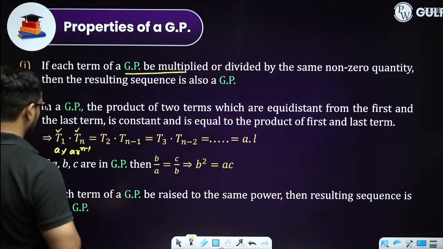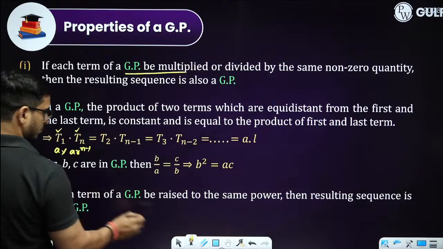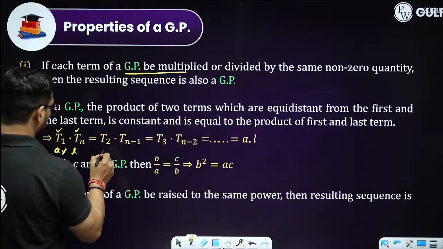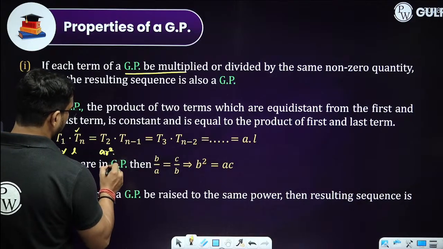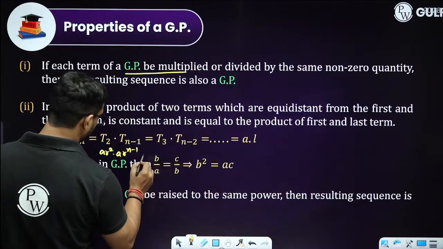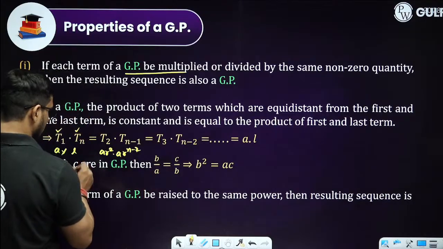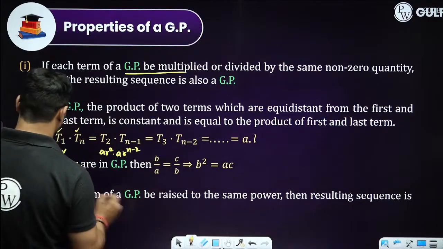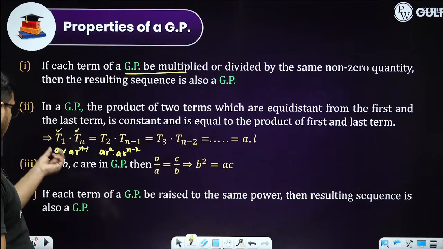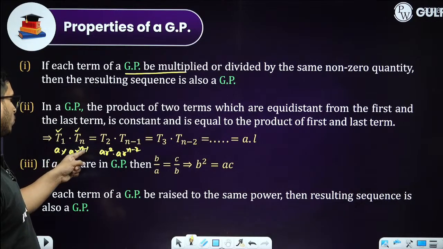This is the last term. T2 is A r into A r to the power n minus 2. When you multiply, you will get A square r to the power n minus 1.